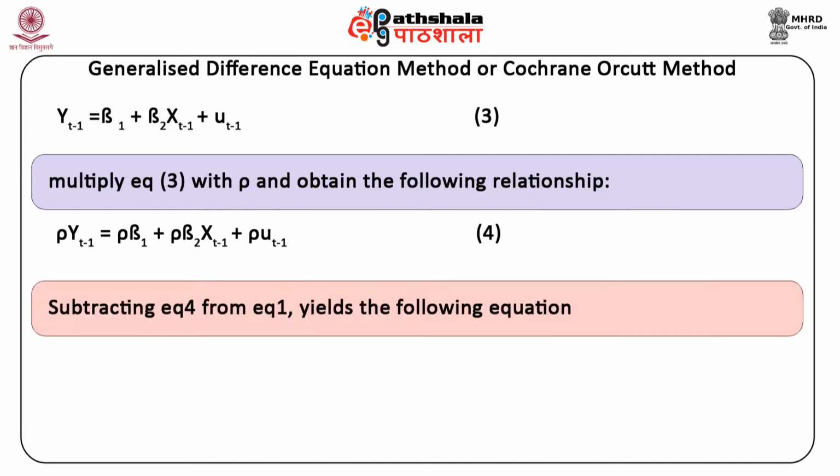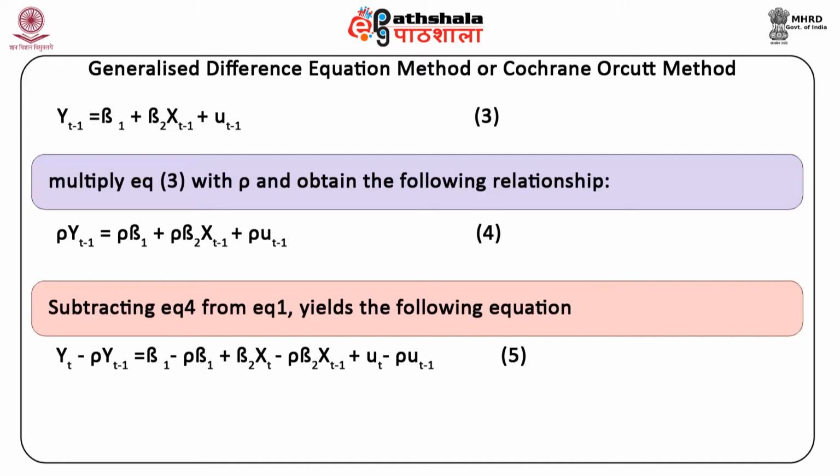Now subtracting equation 4 from equation 1 yields yt minus rho yt minus 1 is equal to beta 1 minus rho beta 1 plus beta 2 xt minus rho beta 2 xt minus 1 plus ut minus rho ut minus 1.